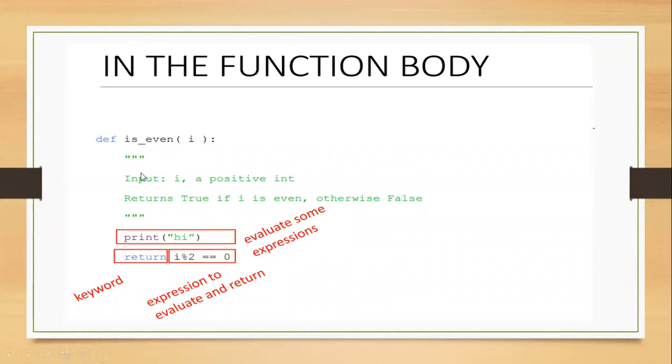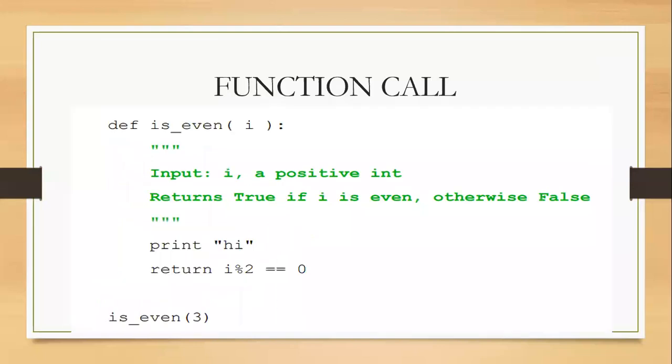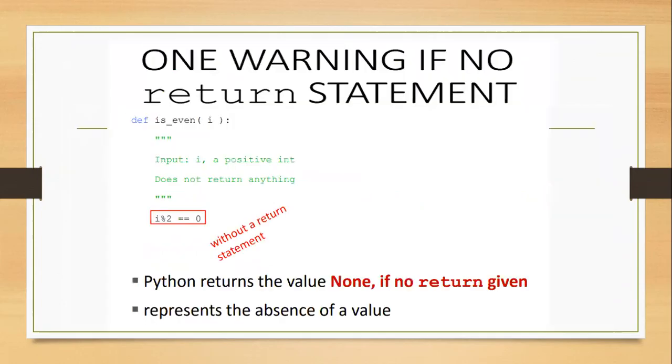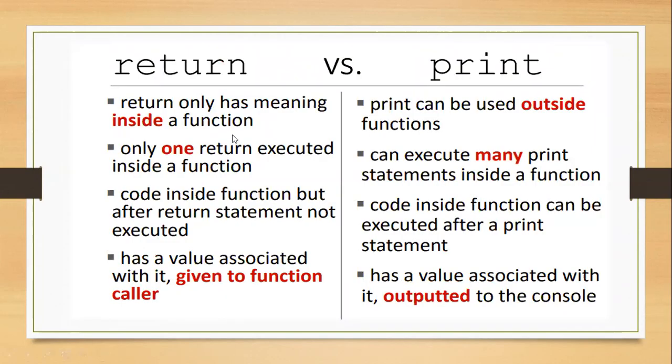A comment is normally written in green. When I do it like this with the 3 quotation marks inside a function, the interpreter understands it as a doc string. It is not supposed to be evaluated. It is just a comment. So comments appear in green. Whether I put a hash, it will just appear in green because it is just a comment. So I don't know whether that answers you.